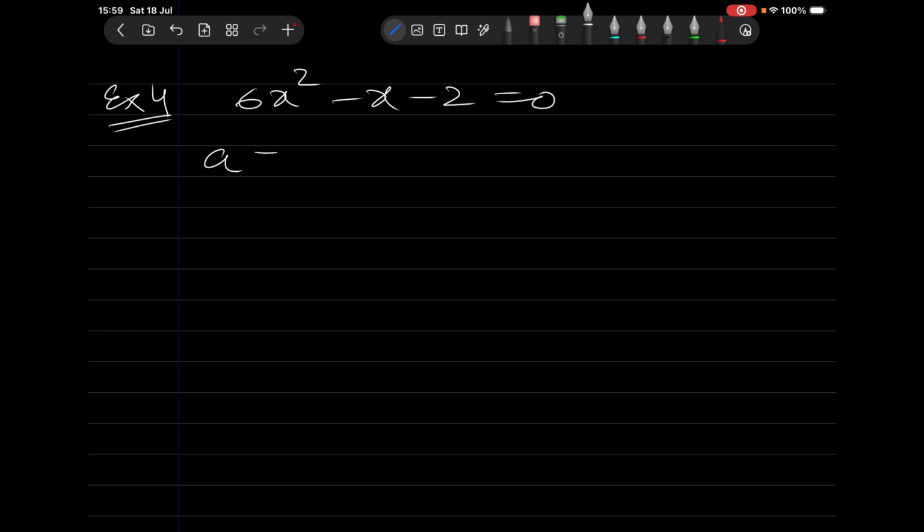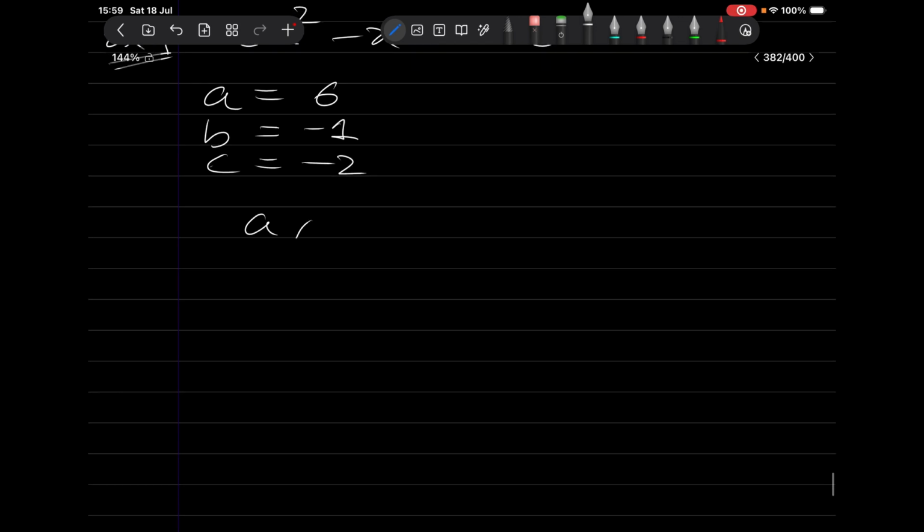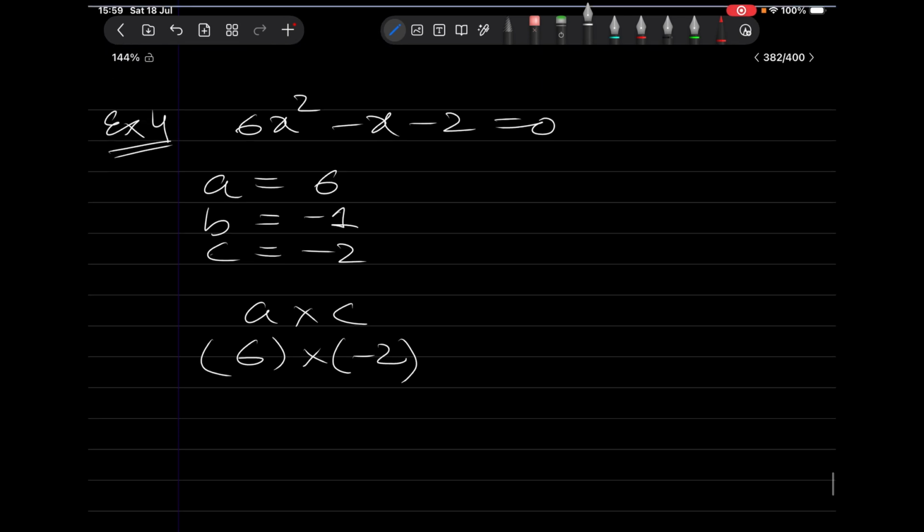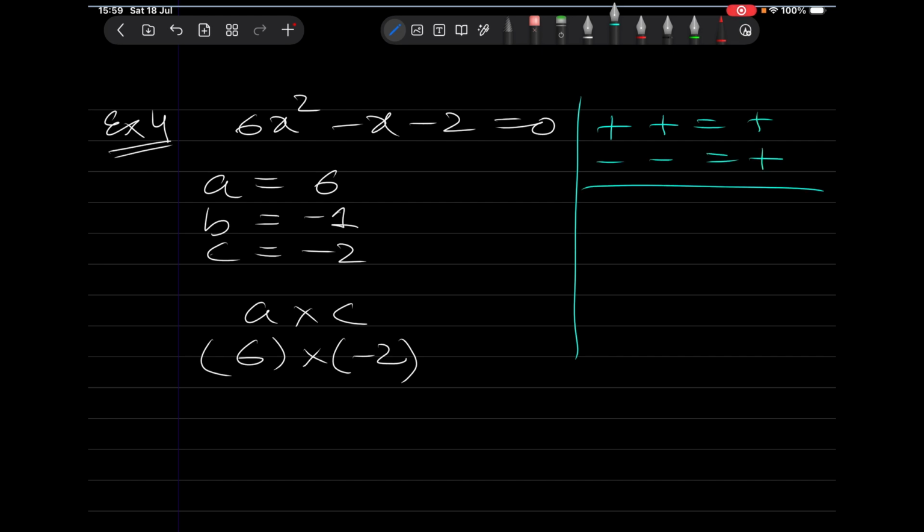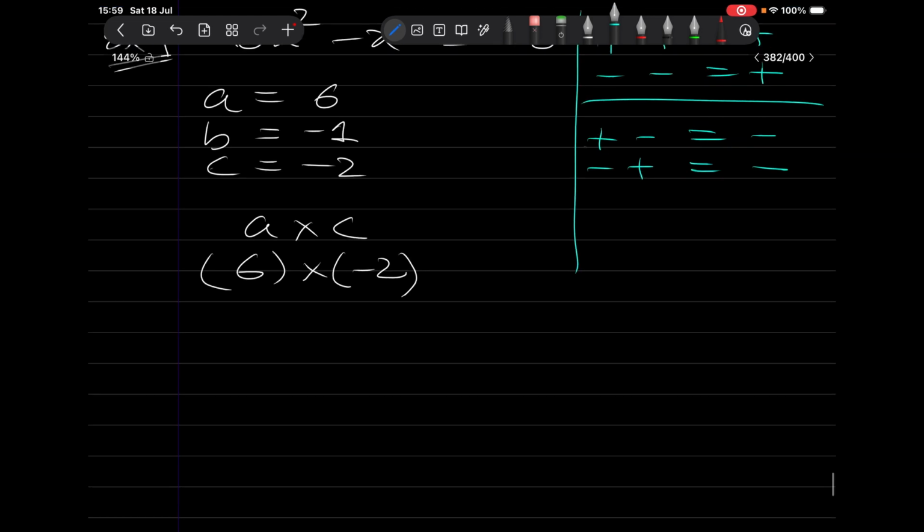We'll start with a, b, and c, that are the coefficients 6, minus 1, and minus 2. We will multiply a and c with sign, that is 6 into minus 2. We know the rule of product, that is plus into plus is plus, minus into minus is also plus, plus into minus is minus, minus into plus is also minus.